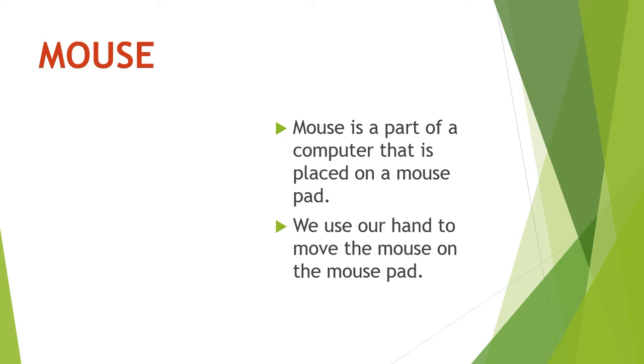We click the left mouse button when we want to select an icon on the screen. Mouse is a pointing device. When we move it, an arrow moves on the screen. This arrow is called a cursor.